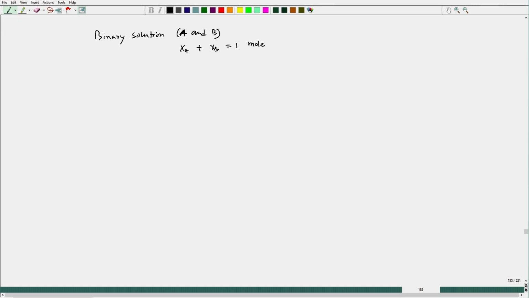We are talking about a 1 mole solution, and temperature and pressure are kept at 1 atmosphere. At each temperature we will try to see equilibrium conditions, and that information will be taken to the temperature composition plot.